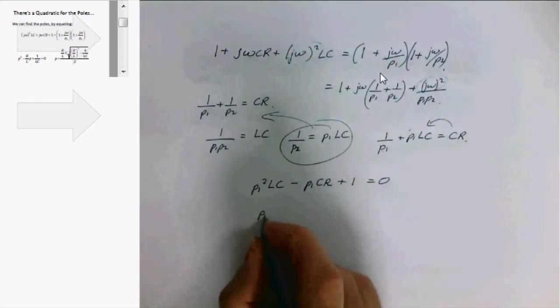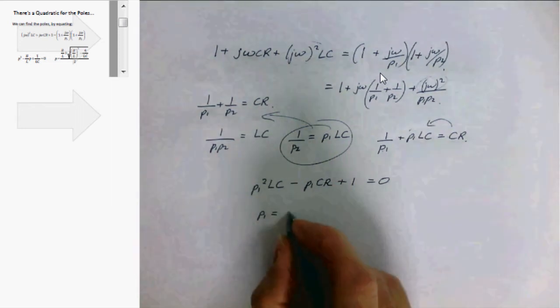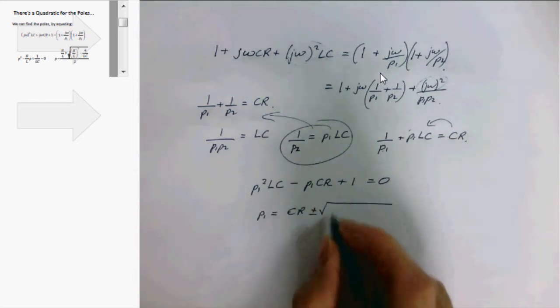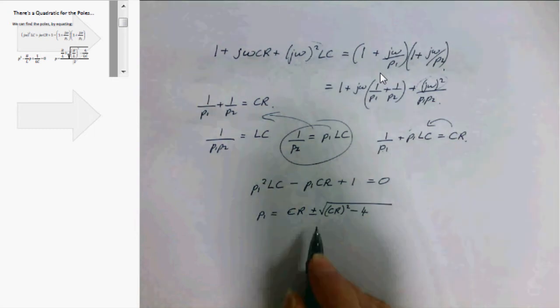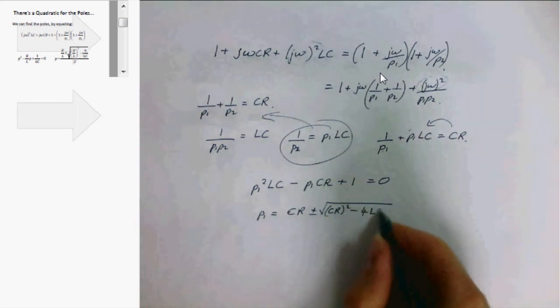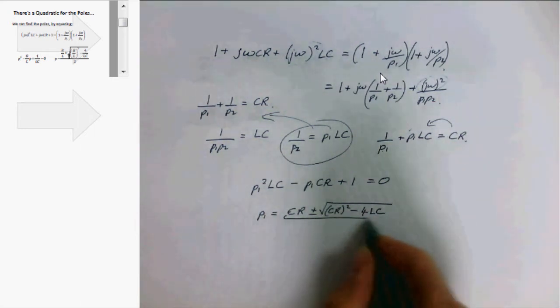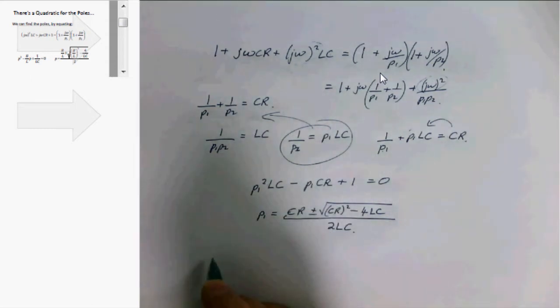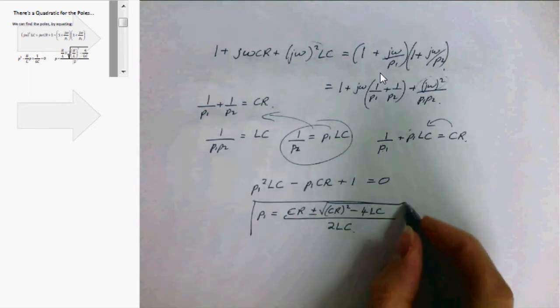And the standard quadratic equation gives CR plus or minus the square root of, in this case, CR all squared minus 4 times LC times 1, divided by 2LC. That's the frequencies of the two poles.